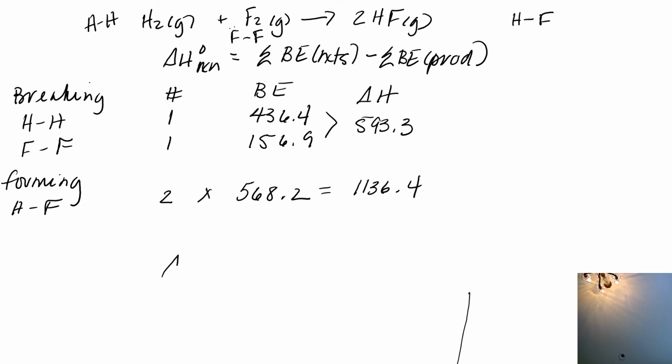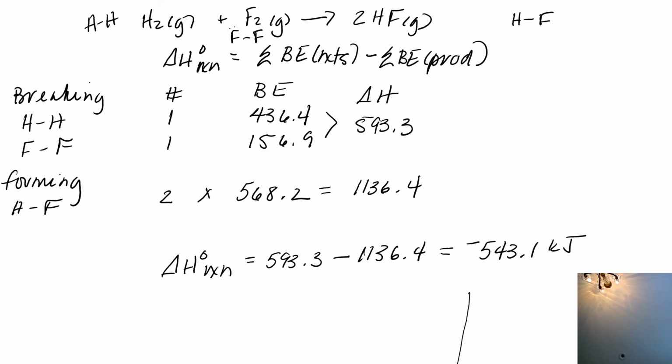So the delta H of this reaction is 593.3 minus 1136.4, which gives us a negative 543.1 kilojoules.